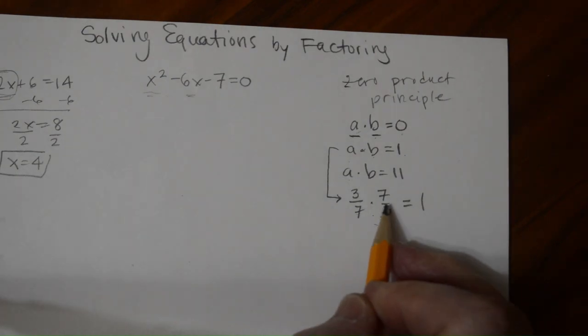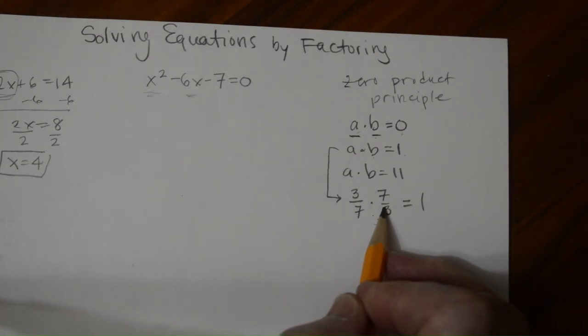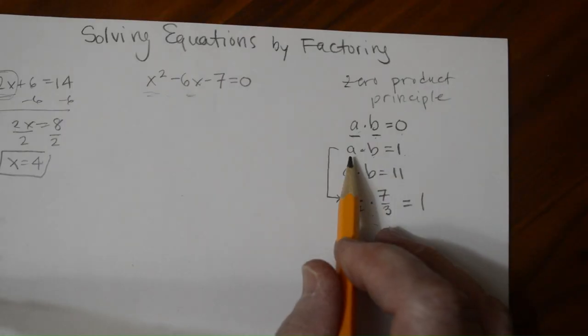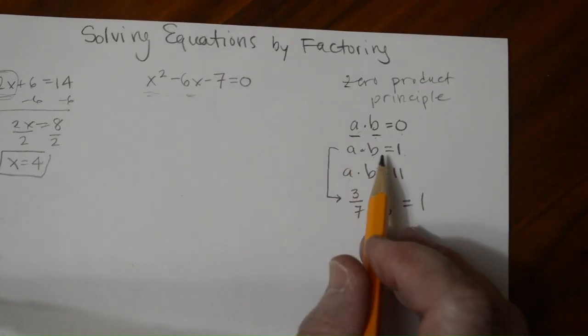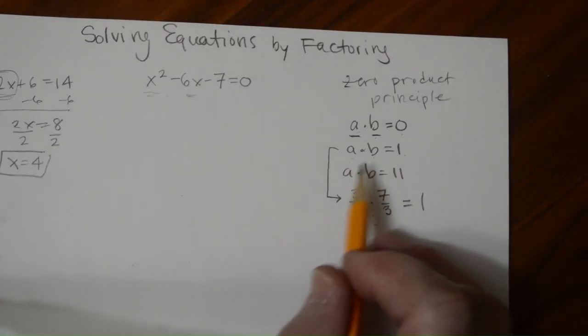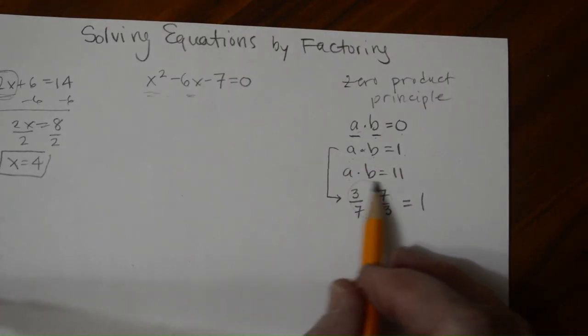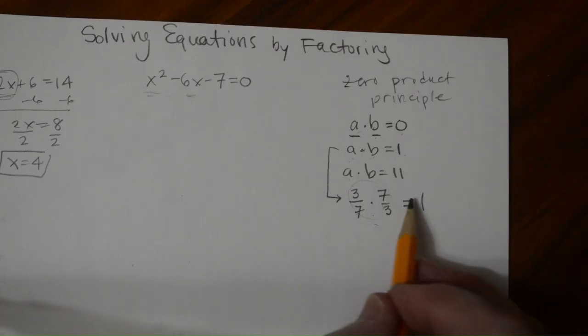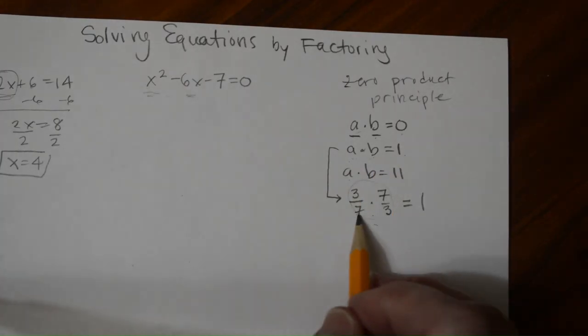But neither A nor B is 1. And you would be hard-pressed to figure out what the numbers were if I said A times B equals 1, because it really could be anything. As long as they were reciprocals, we're going to get a product equal to 1, but neither of them is 1.